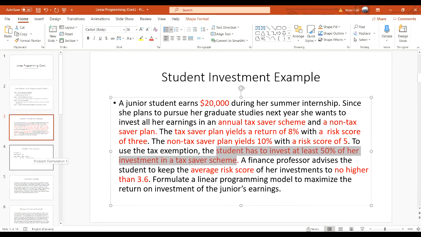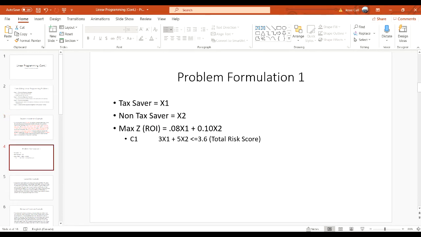So we come down here and we make our second constraint, constraint 2. So X1, which is our investment in the tax saver, must be greater than or equal to 10,000.